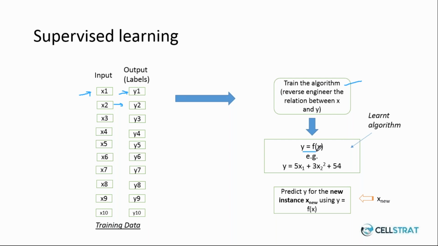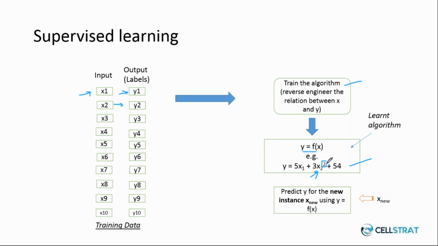My learned algorithm may look like any of these kinds of equations. There could be more complex equations also. You can see here, if there are two features x1 and x2, x1 is simply to the power of 1, but x2 is to the power of 2, so it's x2 squared.